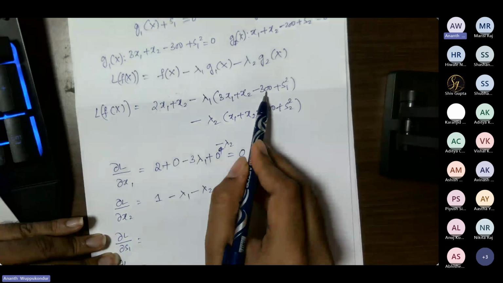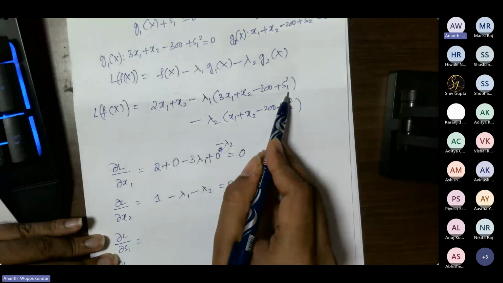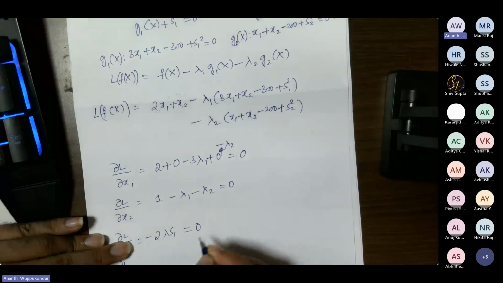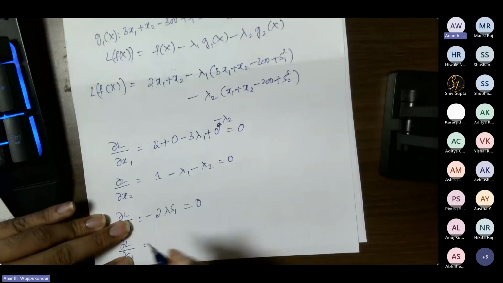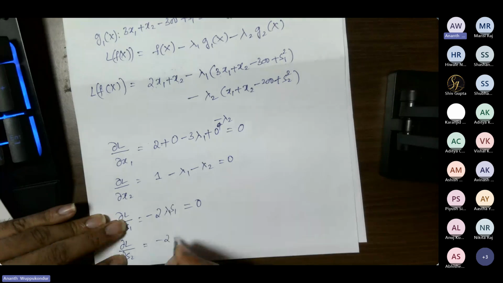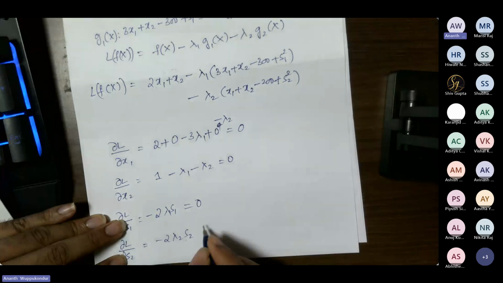And what we have is minus lambda 1 S1 square. If I differentiate that, that becomes minus 2 lambda 1 S1 equals to 0. Similarly for S2, that becomes minus 2 lambda 2 S2 equals to 0.